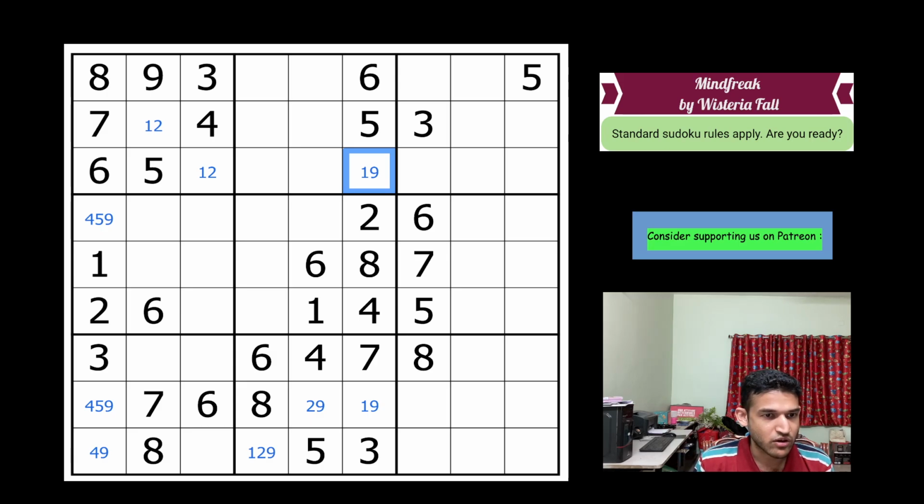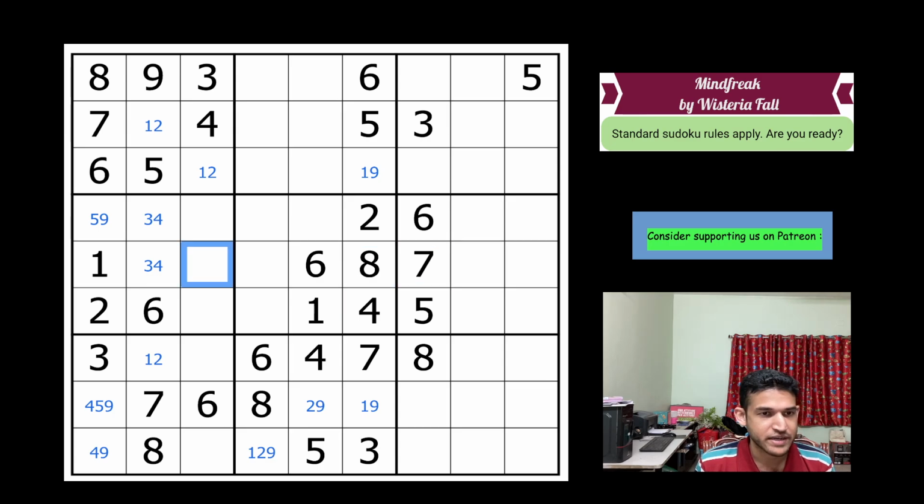Also, if you look at column 2, you can't have a 1 and 2 in these two cells. So which means 1 and 2 will form a pair in column 2. So let me put 1 and 2 here. And which means these two cells must take a 3, 4 pair to complete the column, and that removes 4 from that cell. And if you notice closely, there is a 7, 8 here.